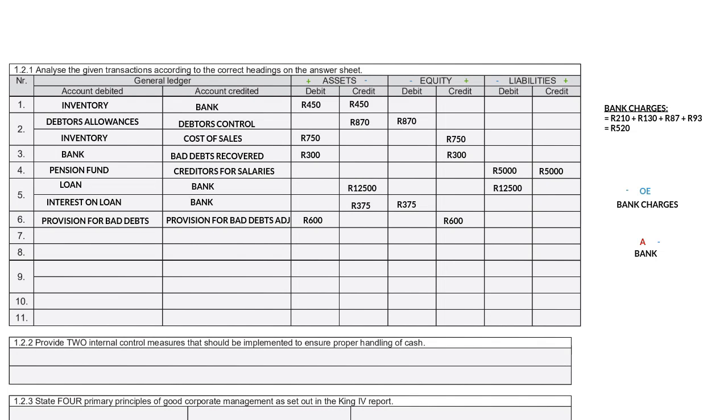So let's go enter this into our answer sheet. The account to be debited is bank charges. The account to be credited is bank. Assets will be credited with 520,000. And equity will be debited with 520,000.